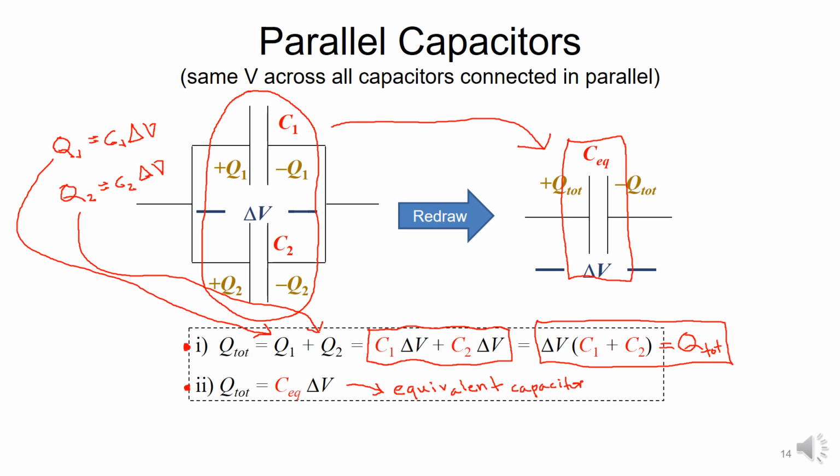So we have two expressions for Q total, one by adding Q1 and Q2, and the other from the definition of capacitors, considering the C equivalent to be a single capacitor. And now let's set them equal to each other.